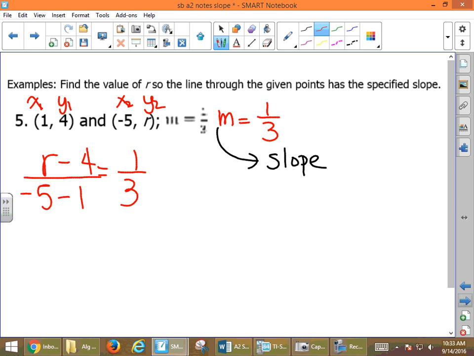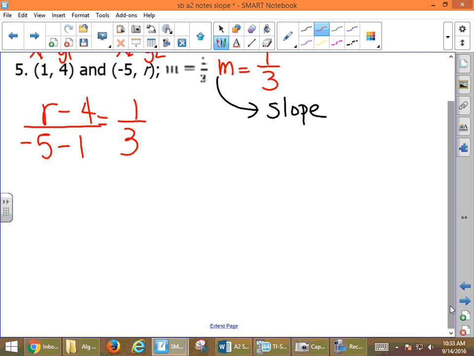We can simplify that a little bit more, and we have r minus 4 divided by negative 6 equals 1/3.